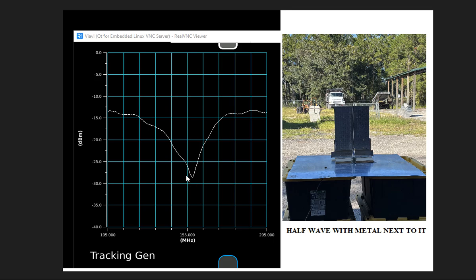In this case, it moved it up. So what you're going to have to do for this one is the whip would need to be longer. You would need to do an oddball cut to pull the dip back over this way to get it centered back where you wanted it.